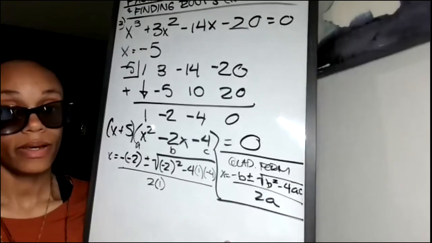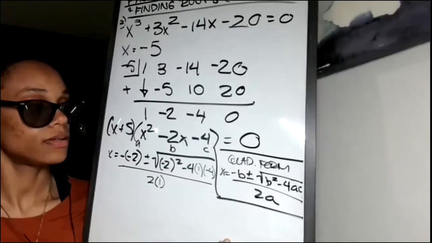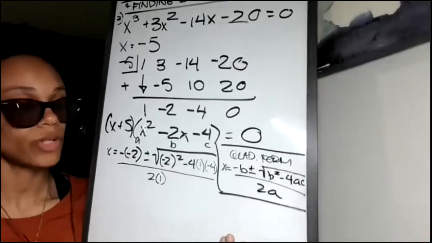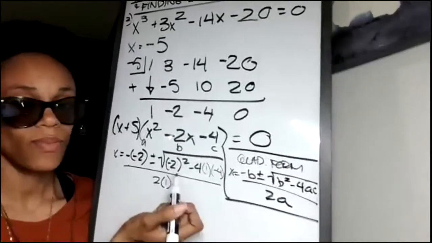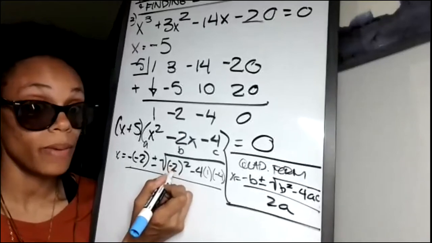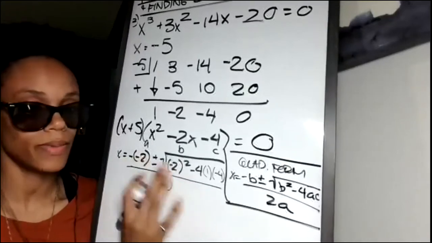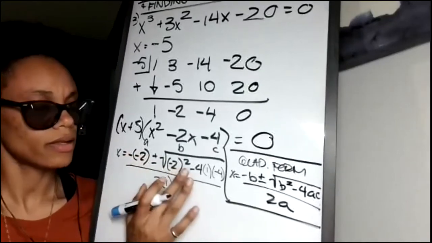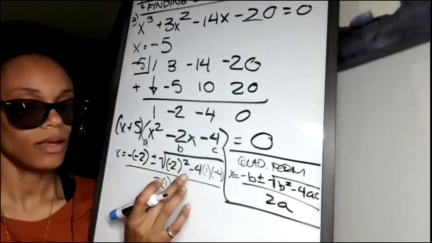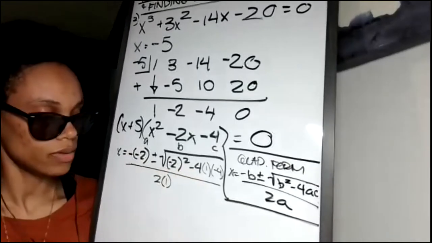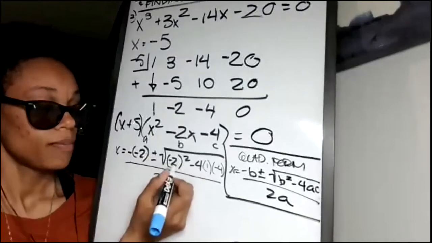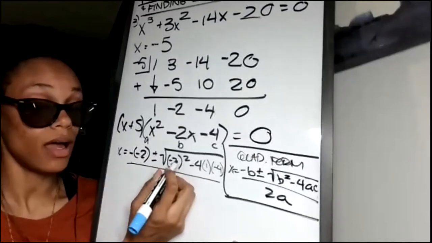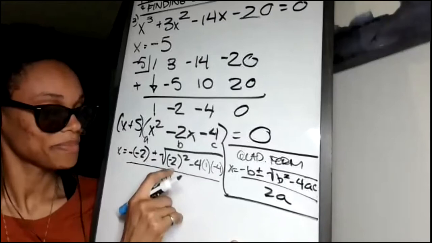So yeah, just be very careful substituting your values into your quadratic formula. And I want you to be mindful of how you punch this in your calculator. I think at this point, students often punch this in their calculator.